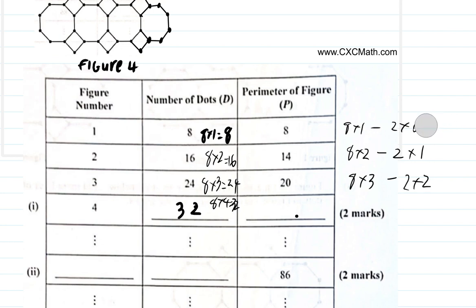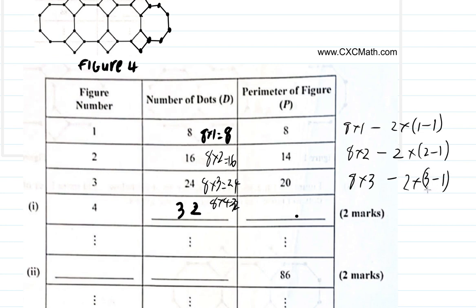Now this 0 is for figure number 1. 0 is the same as 1 minus 1, 1 is the same as 2 minus 1, 2 is the same as 3 minus 1.